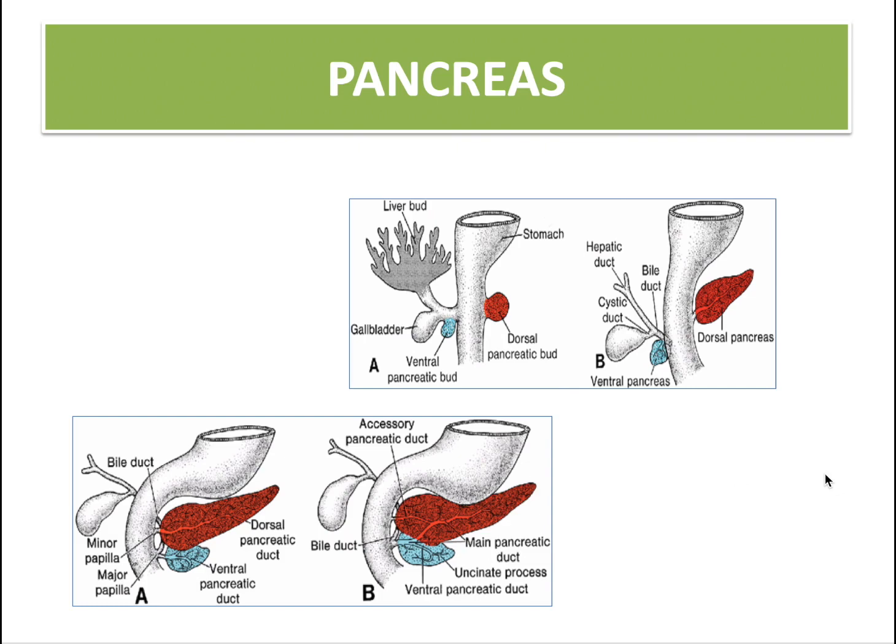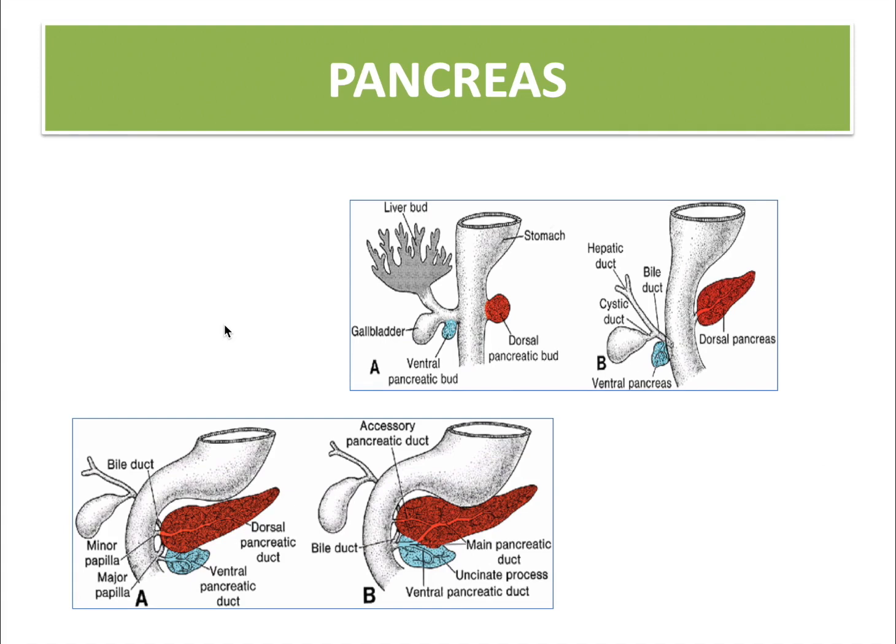Finally, the ventral bud comes to lie immediately below and behind the dorsal bud. In further development, the parenchyma and the duct system of the dorsal and ventral pancreatic buds fuse. The ventral bud forms the uncinate process and inferior part of the head of the pancreas. The remaining part of the gland is derived from the dorsal bud.